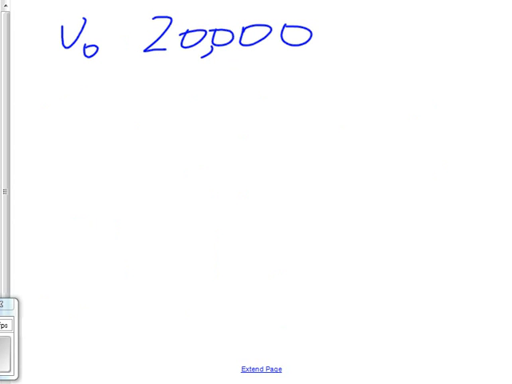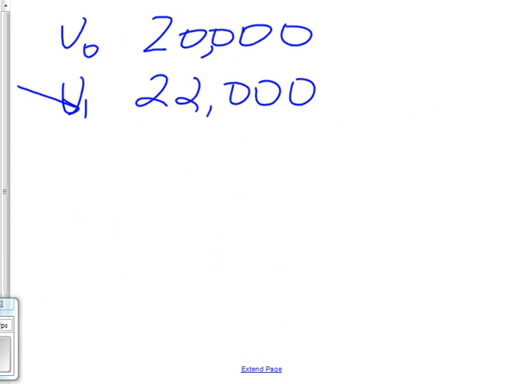You're going to start your problem with 20,000, and then U1 would mean after 1 year, and let's say you were getting 10%, you'd have $22,000. That means after 1 year, and that makes sense again. So choosing the right thing to start with is critical. And if it's a real world problem, start with 0. And if it's the one about what's the 10th term, start with 1. All right, that's a very good question.